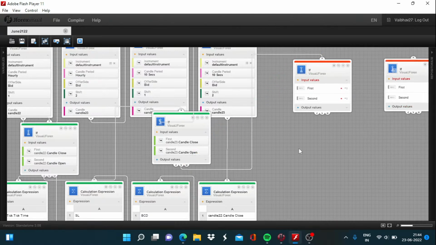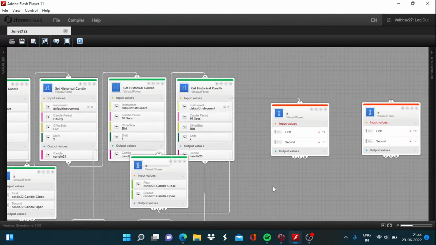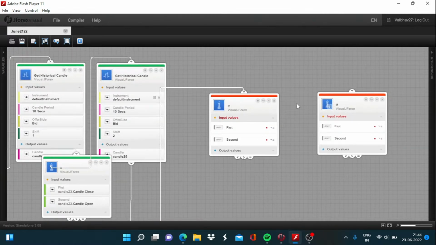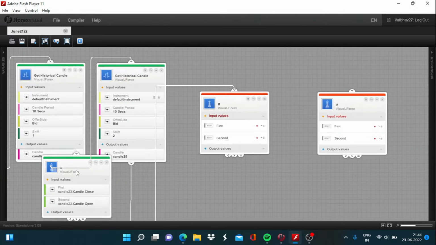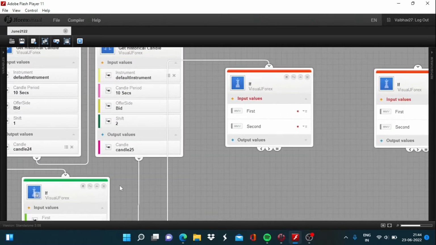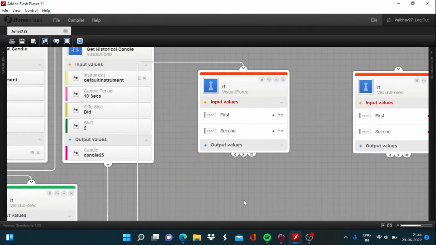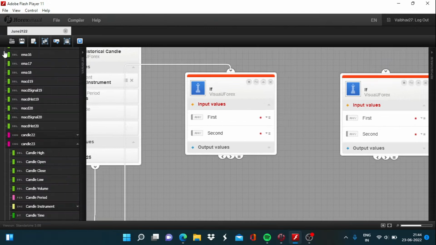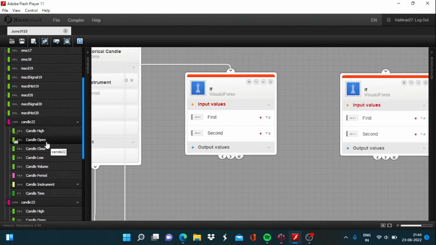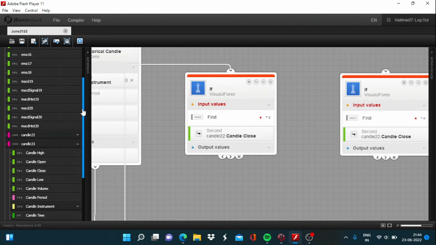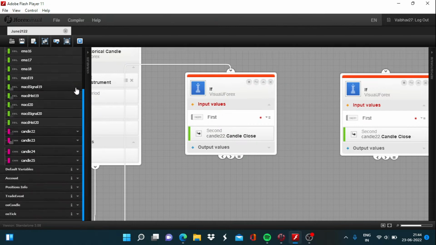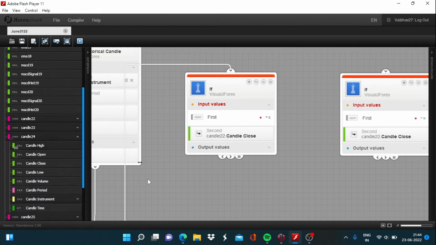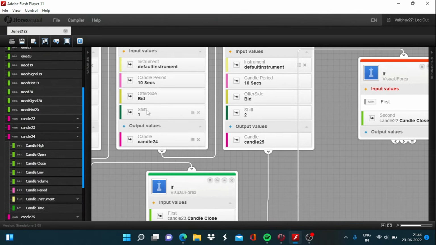Now again we have to consider the candle 22nd candle close as the common input, which we will then compare with the closing levels of candle 24th and candle 25th. Candle 22nd is the last hourly candle, and then we compare its value to the 10-second candles of candle 24 and candle 25th with the look back period of 1 and 2 respectively.